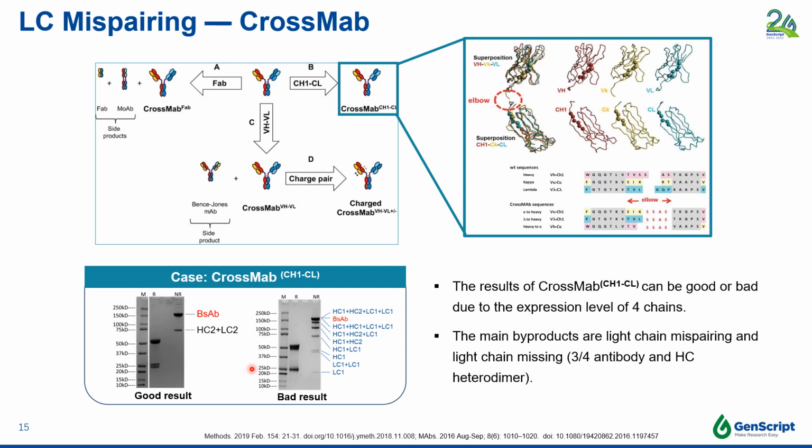As you can see, the good result only has some half antibody, while the bad one has a list of mispaired byproducts and fragments, which cannot be removed by purification methods. Also, we can try to optimize the plasmid ratio, but it's hard to help much.